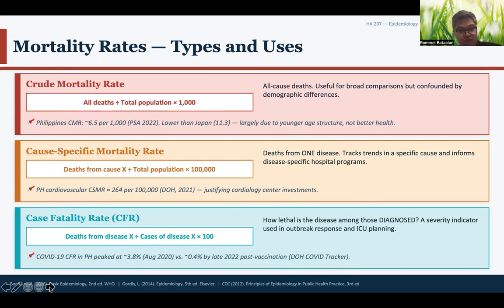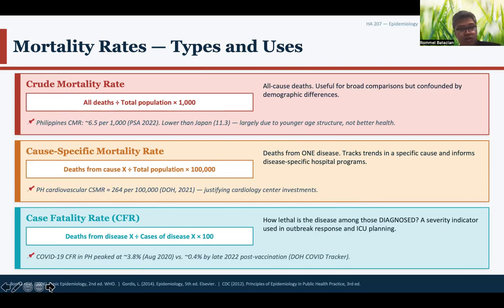So all causes of deaths, whether it's by accident, non-accidental, whether it's malignancy or communicable diseases. So it is useful for broad comparisons between countries or regions. But again, this has a limitation wherein it is compounded by age structure.